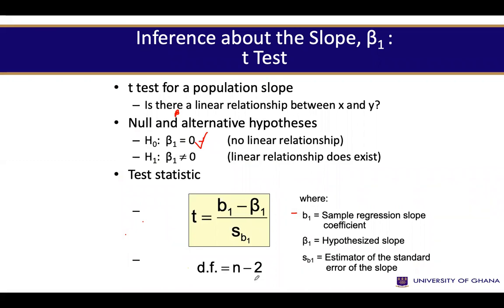So basically, I'm just going to compare this test statistic with the critical value, and we've done quite a lot about hypothesis testing and critical values, and you can check the other videos on those if you've not familiarized yourself with that.